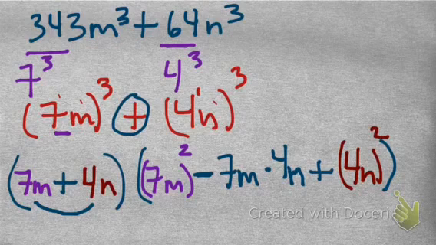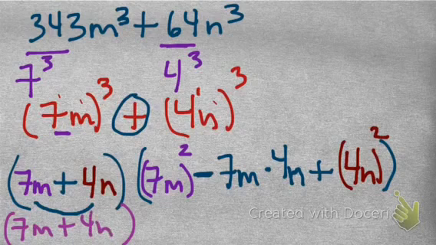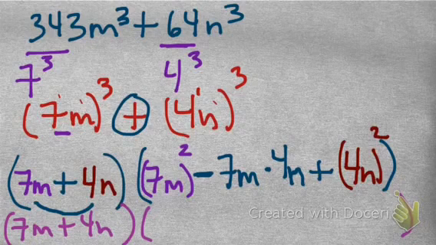And then I need to clean it up, and so we'll squeeze it on the next line here. We've got 7m plus 4n. That looks pretty clean. But this needs a lot of cleaning. So 7 squared is 49, because that power 2 is going to come in and hit the 7.